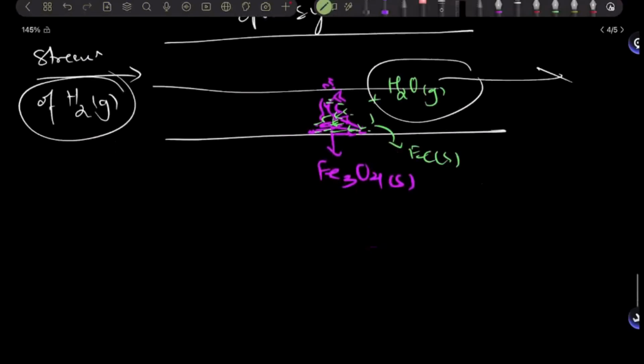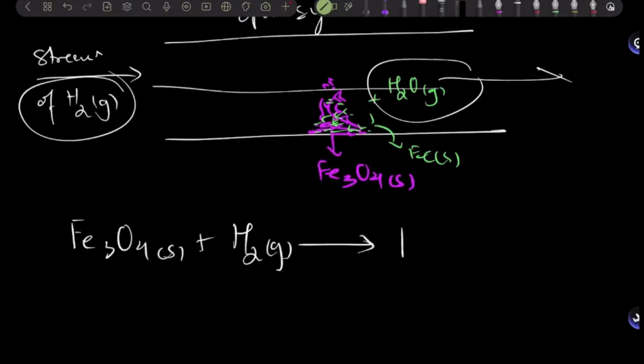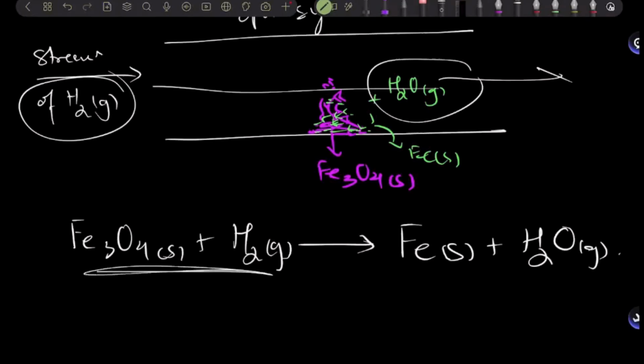So our reaction should be Fe3O4 solid reacting with H2 gas and going to form Fe solid plus H2O gaseous, right? So again, since the system was open, if I do the backward reaction, the same thing happens.